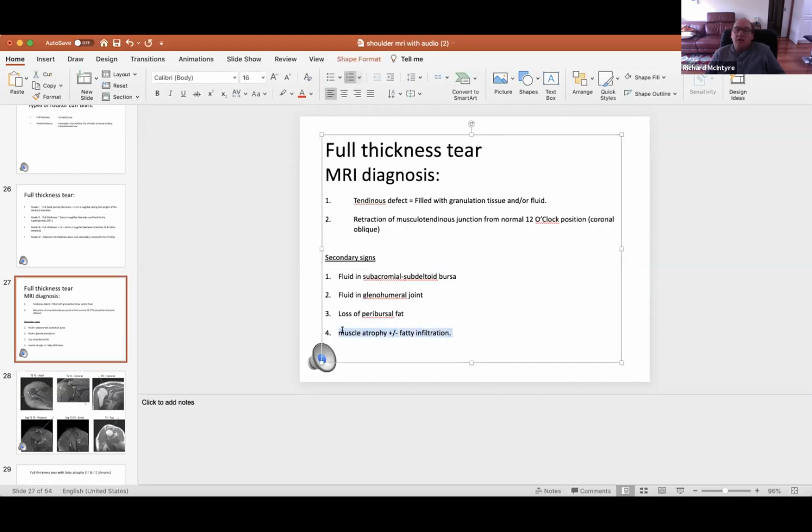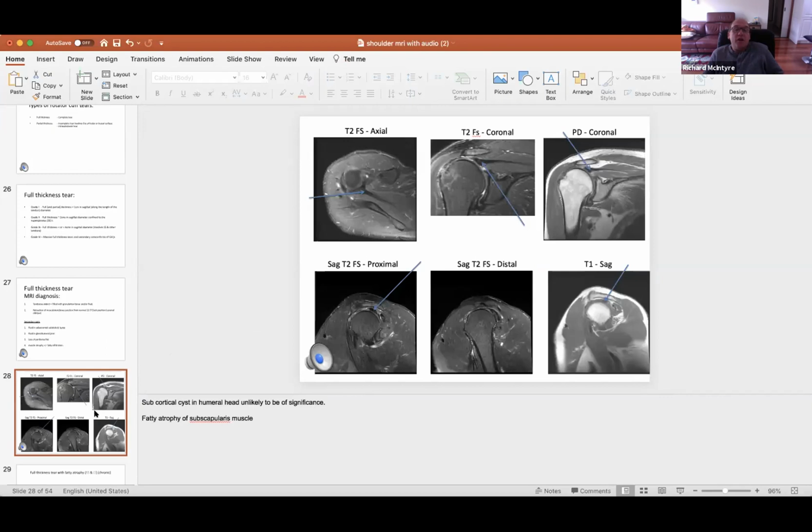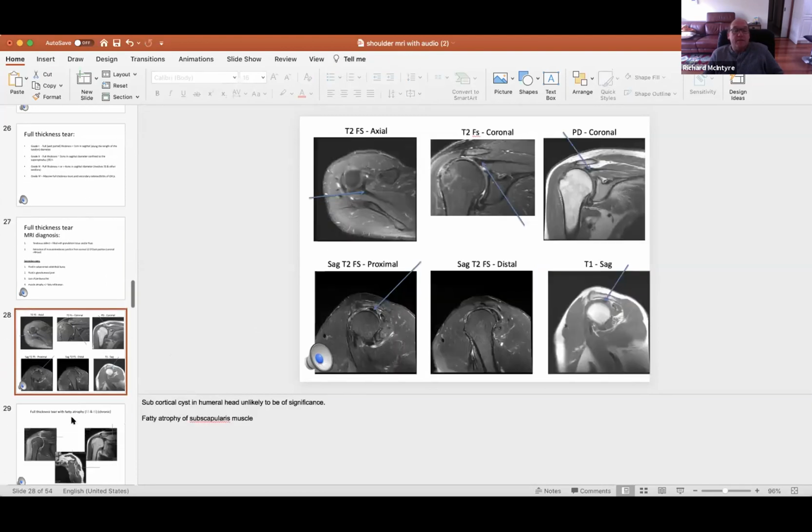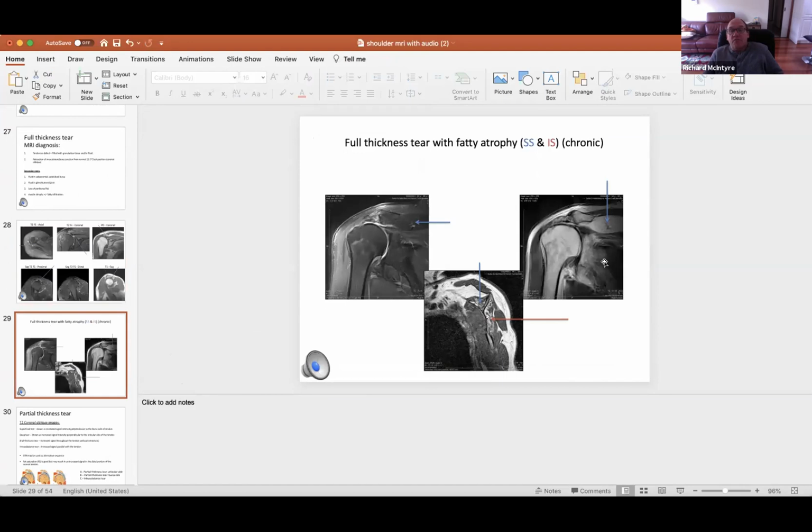And of course, you also have muscle atrophy and fatty infiltration. Whenever you stop using your muscles, you have muscle atrophy. You don't use it, you lose it. When you have muscle atrophy chronically, it becomes infiltrated with fats. I've got a lovely slide there where this is probably an elderly person.